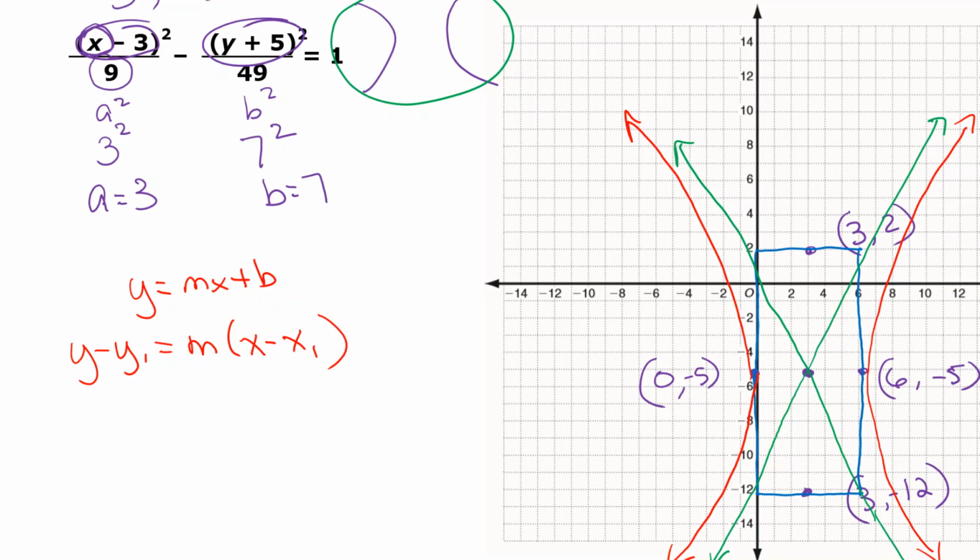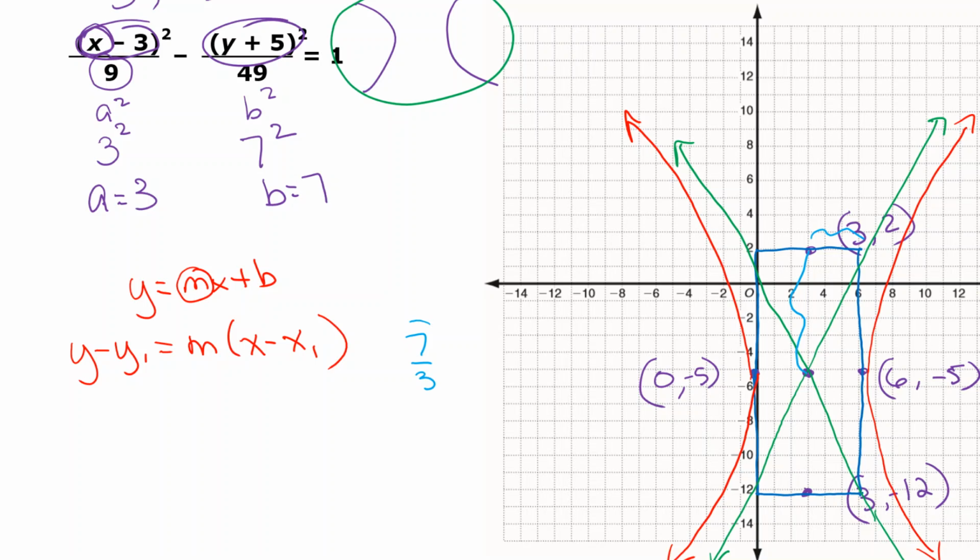And in this case, it's much easier to use. First of all, let's determine what our slope is. All I did was for my rise, I rise 7 and I run 3.